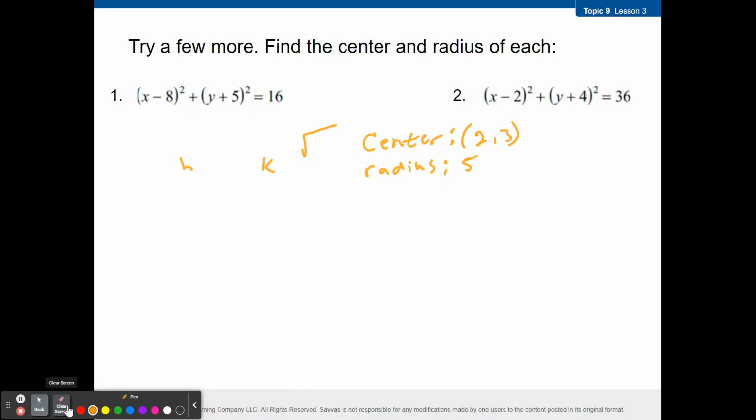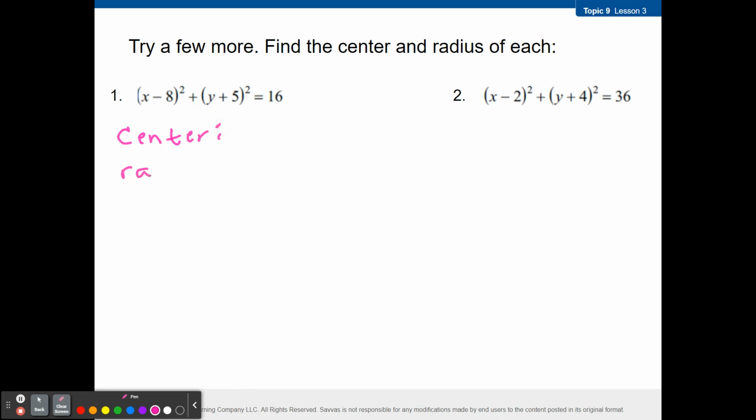Now I want you guys to try these two on your own. Who has the center for number one?